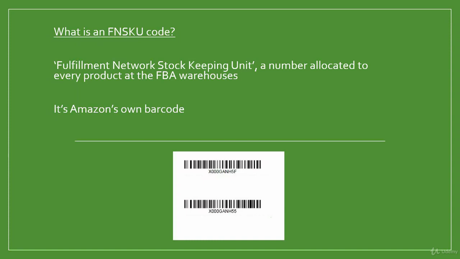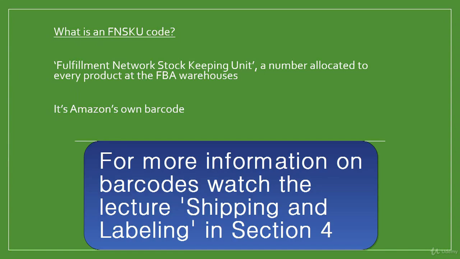Because if you have the FNSKU code on your items, you don't need to have the UPC code on your items. And in fact, you can only have one code visible. So if Amazon is going to stick their FNSKU code over your UPC, they're going to stick it on the top of your UPC, so there's only one code visible.